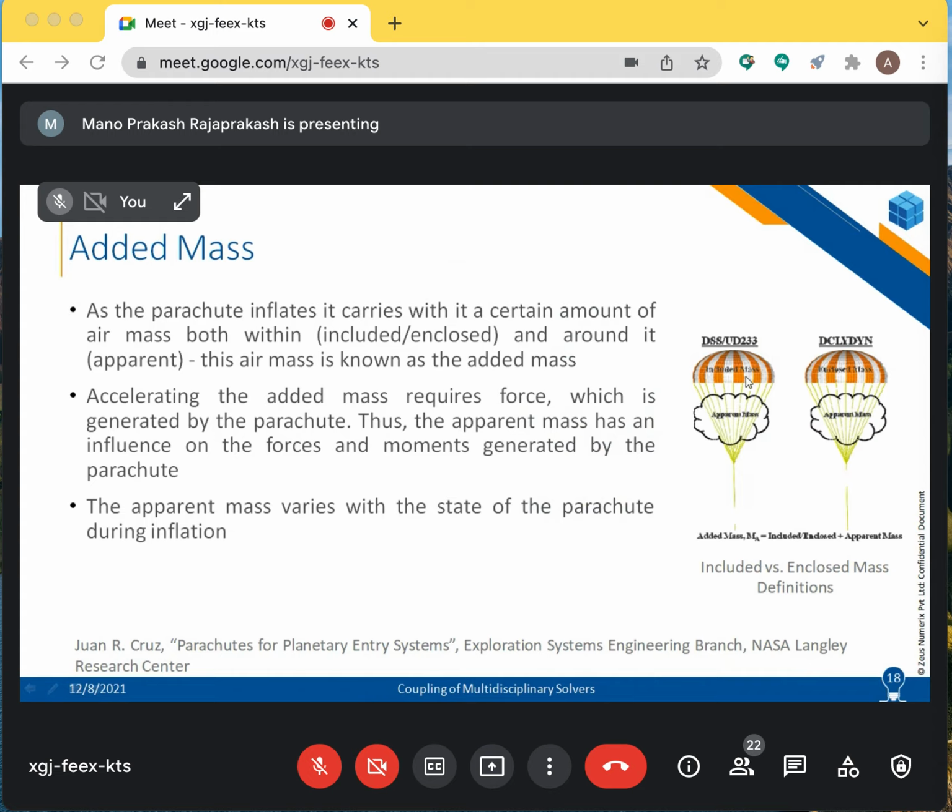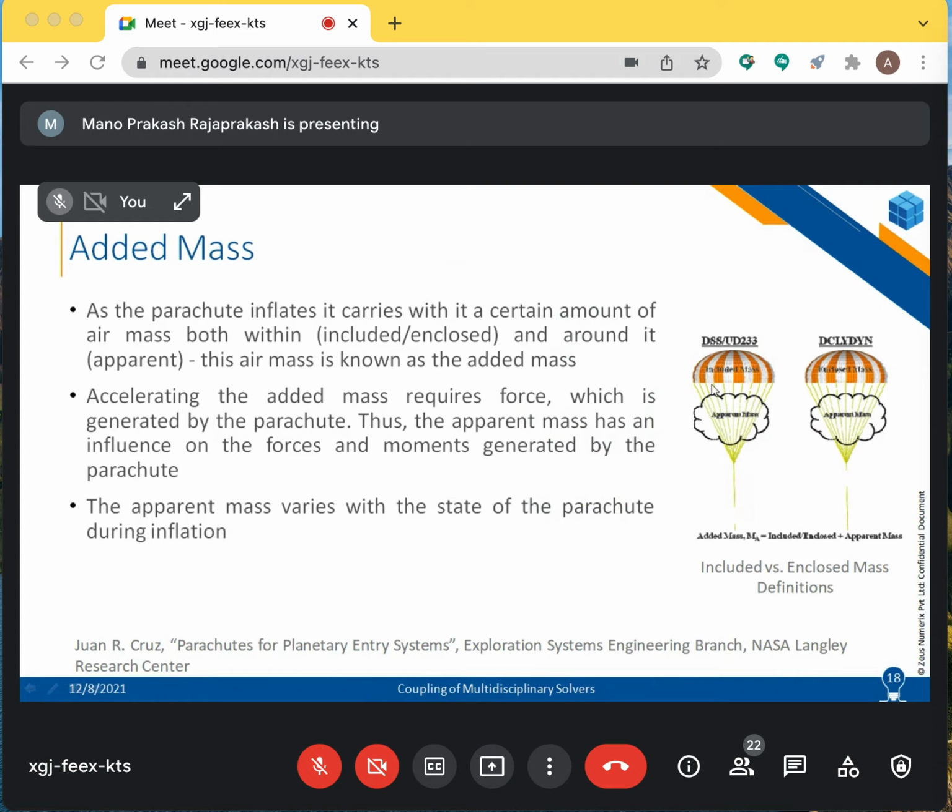Whenever a parachute starts inflating, its canopy is going to carry some amount of air, because some air is going to get trapped within the canopy, and in addition to the payload to which it is attached, it should also pull this air in as long as the parachute is accelerating. So by the time the parachute enters some steady state, or its acceleration goes to zero, the effect of this added mass is going to be negligible.